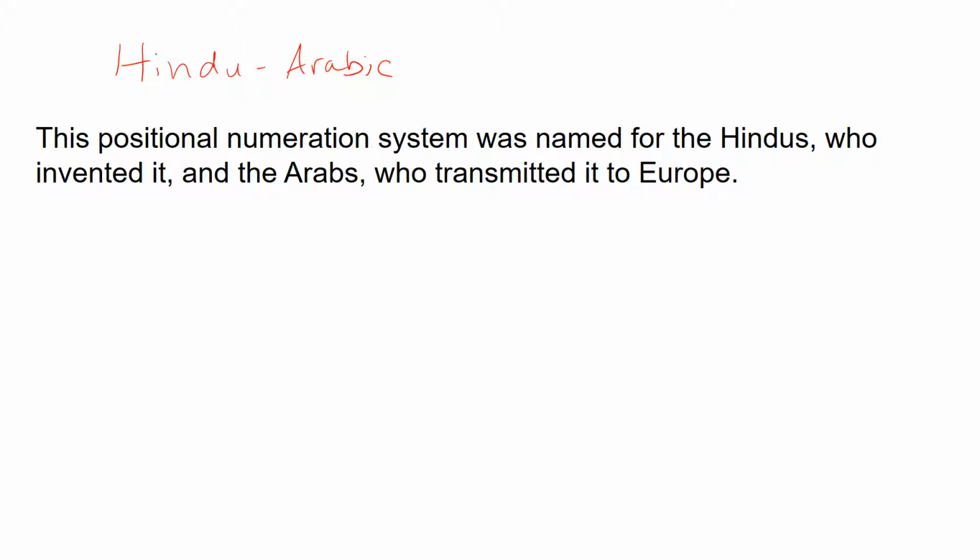Now, the number system which we use is a Hindu-Arabic system. And it's called that because it was named for the Hindus who invented it. It was their notation and their ideas. And then the Arabs were the ones to transmit it to Europe.